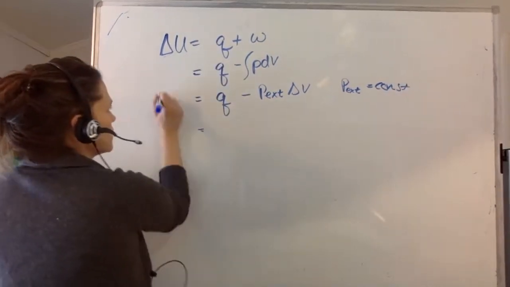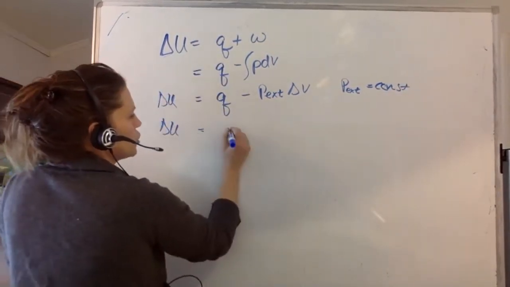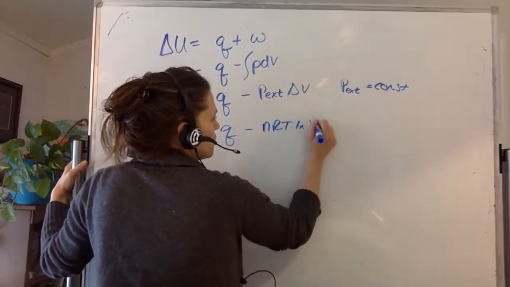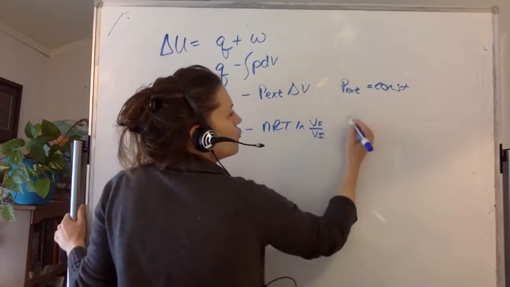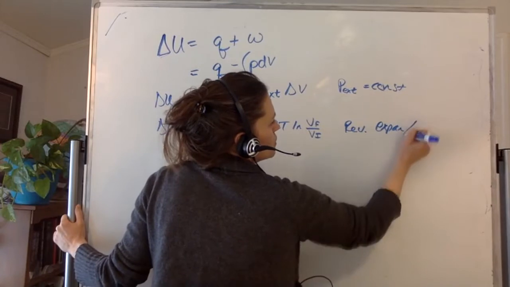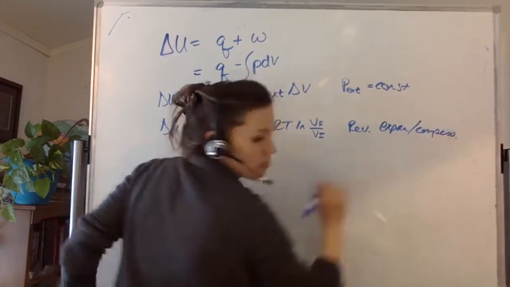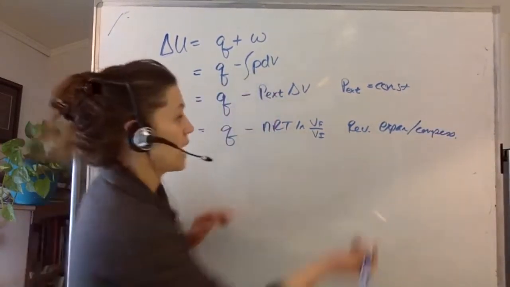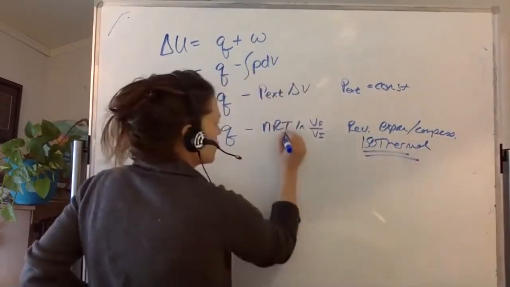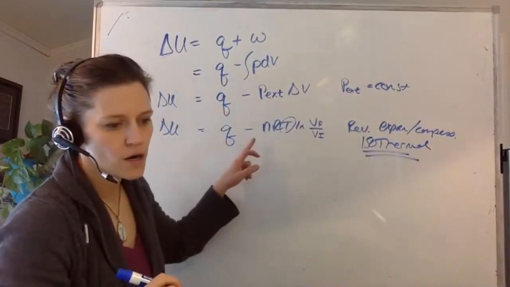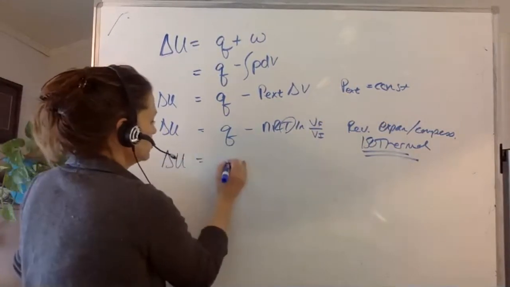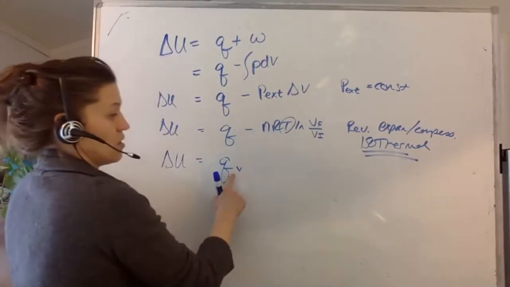And we can also say that delta U is equal to Q minus nRT log of V final over V initial for a reversible expansion or compression. Okay? And isothermal.